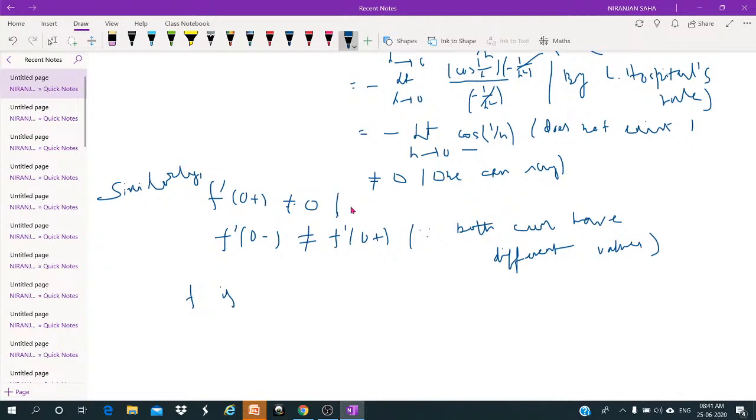So f is continuous but not differentiable at x is equal to 0.